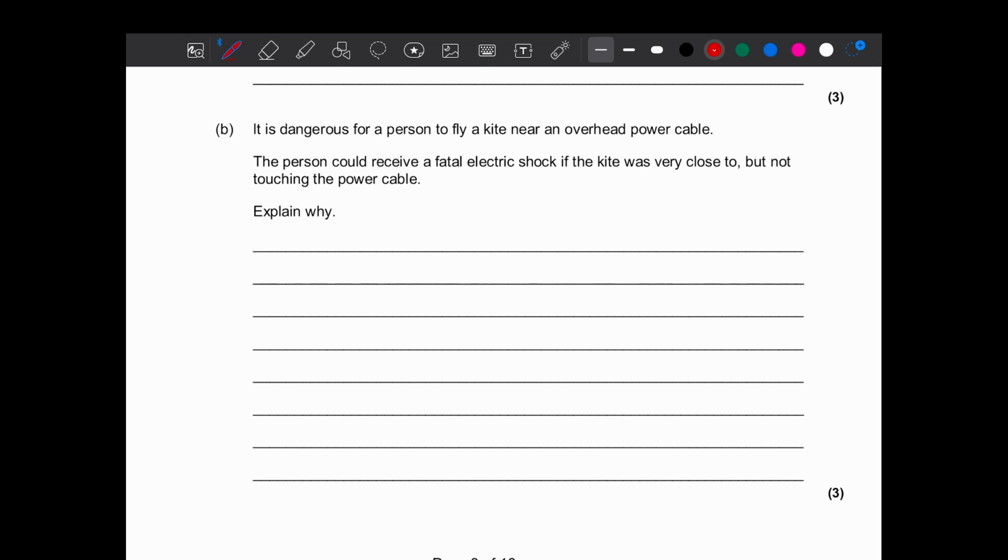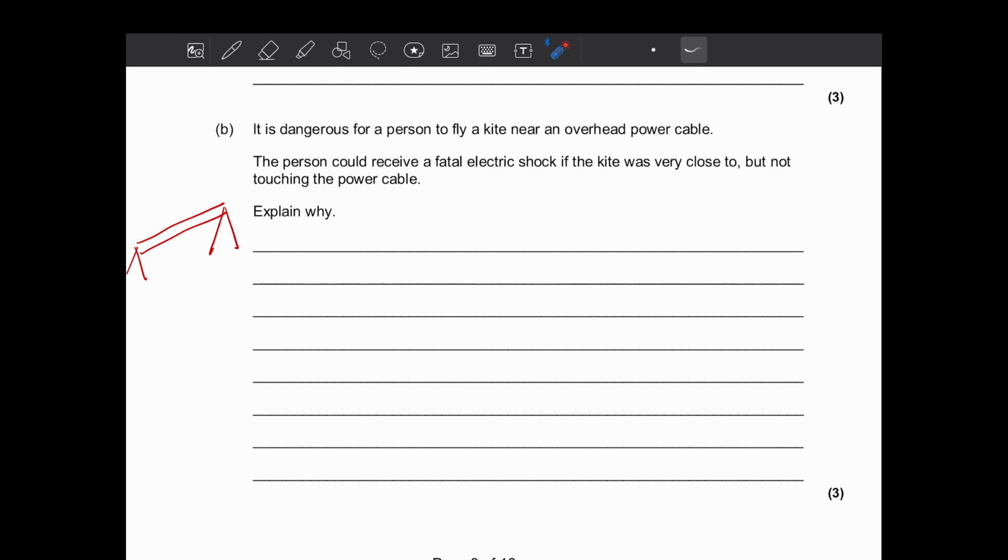Around the power cable, if you imagine the power lines going along between the pylons, there is obviously a very high potential difference, and that very high potential difference leads to a very strong electric field. So around this, there is an electric field that is very, very strong. What can happen because of that strong electric field?